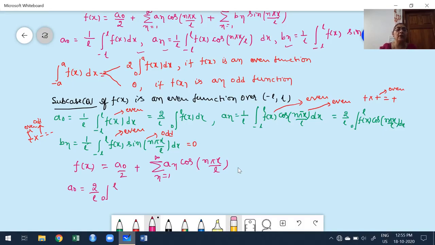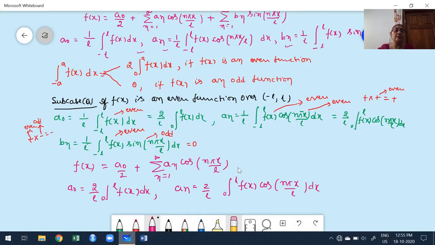It is not necessary to take the entire interval minus L to L. This reduces the calculation also. Time consumption is less compared to the original formula. For case 2, this is f of x dx, and then a n is 2 by L, 0 to L, f of x cos of n pi x by L with respect to x.